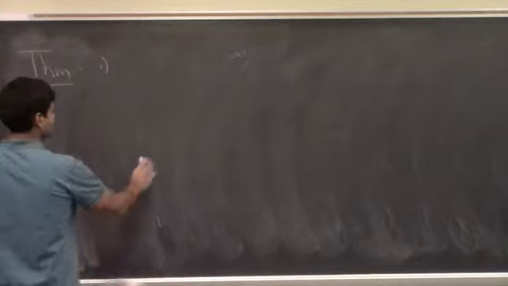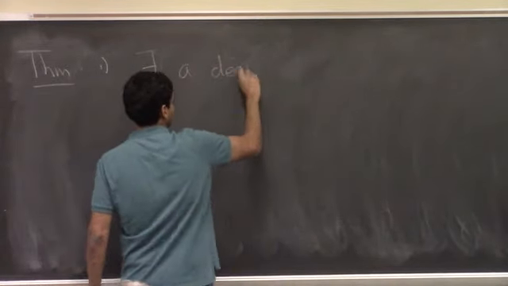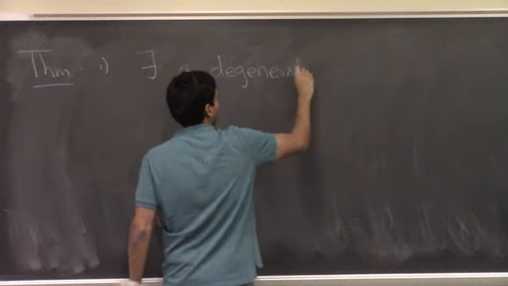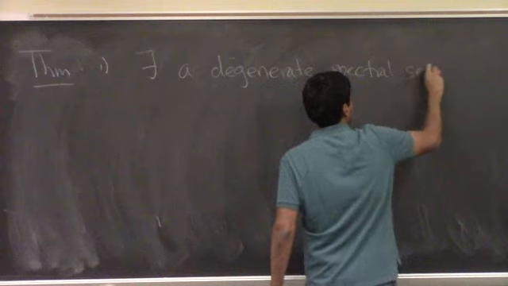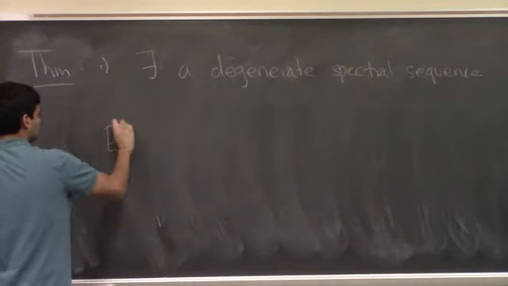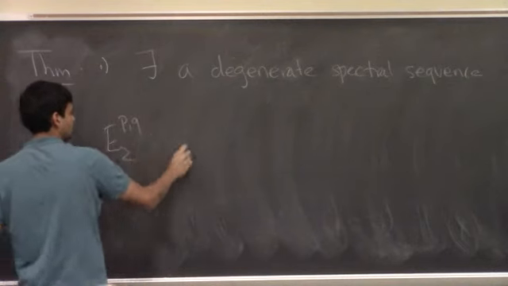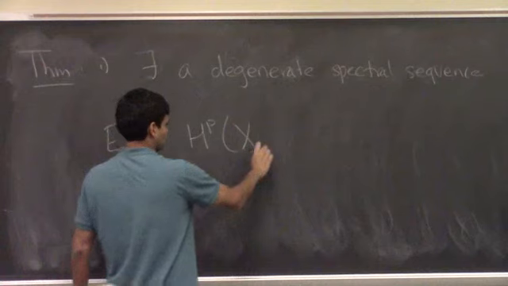First of all, there exists a degenerate spectral sequence, which is an E2 spectral sequence, and the E2 page looks like what we have on the right-hand side of the Hodge decomposition.